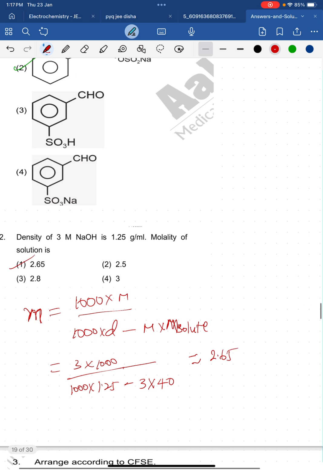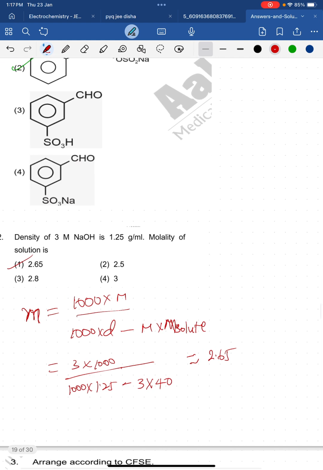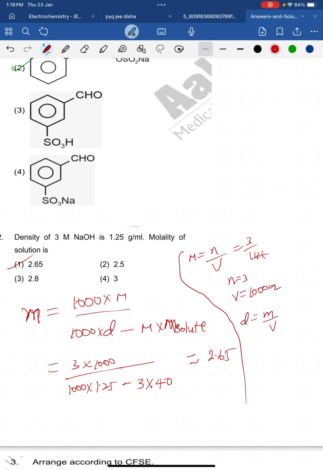Actually this is one method. The other method you can also try. 3M is nothing but molarity equal to 3, that is n by V. This is 3 moles per 1 liter, so n equals 3 moles and V equals 1000 ml. Then by applying density equals mass by volume, mass equals density 1.25 times volume 1000, which gives 1250 grams of solution.